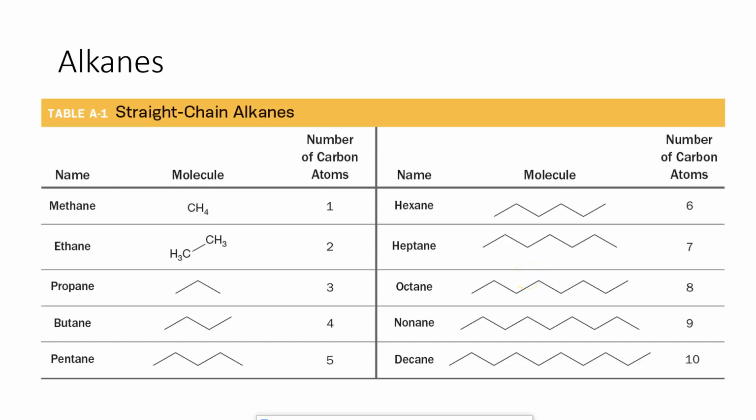Now, when we talk about naming the alkanes, the first thing that we have to learn is how to name straight chain alkanes. This is just one single chain, like this one, right? We already said these are line structures, and every one of these points and every internal point contains a carbon and the respective number of hydrogens, right?